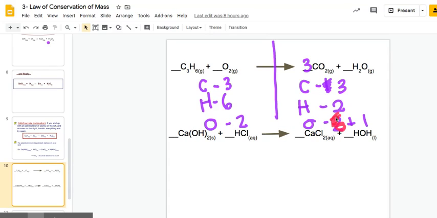And then if I look at my hydrogens, I have 6 and I have 2. So if I put a 3 in front of here, 3 times 2 is 6. So balanced, but my oxygens have also changed now. So 3 times 1, so this is a 3. Okay, so now I have 9 on this side, but 2.